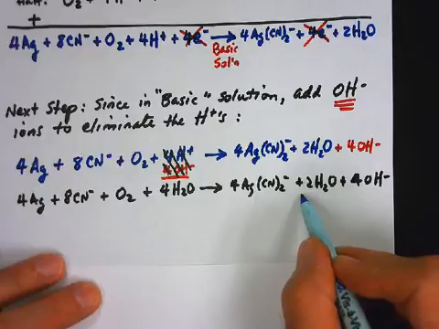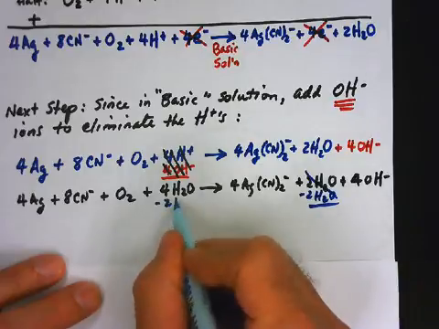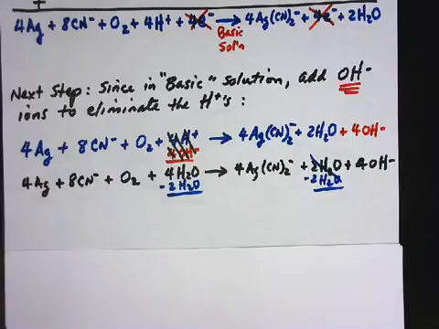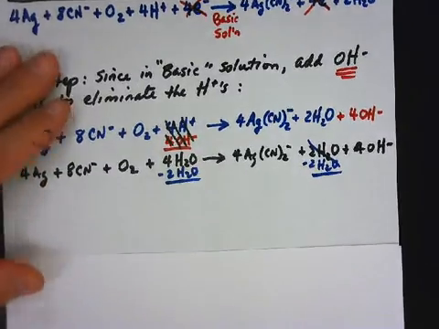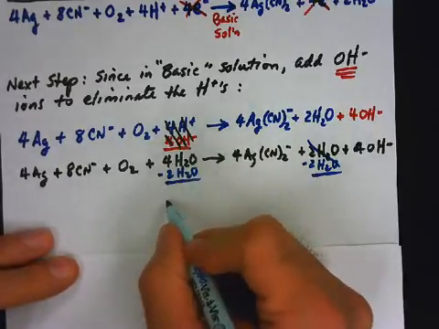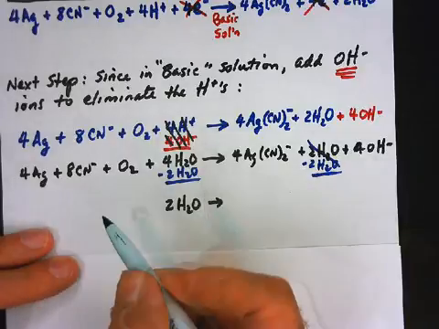So that means I'm going to subtract 2 H2Os from both sides. That'll get all our H2Os on the other side. So we end up with 4 H2Os minus 2 H2Os is 2 H2Os on the left, no H2Os anymore on the right.